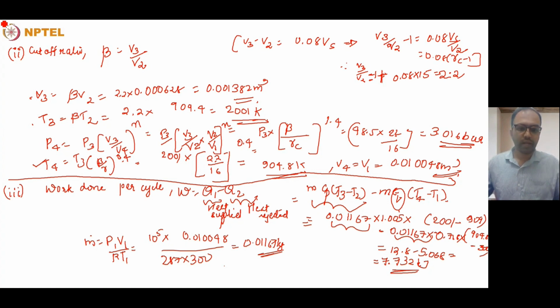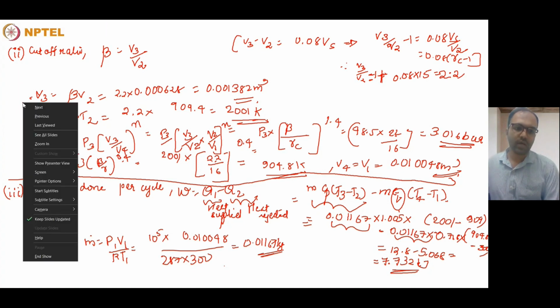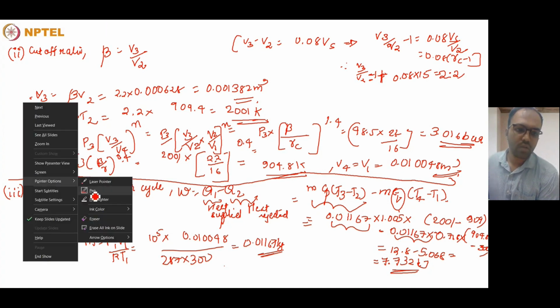So we have calculated the mass flow rate. Rather than mass flow rate, it's a mass of air.